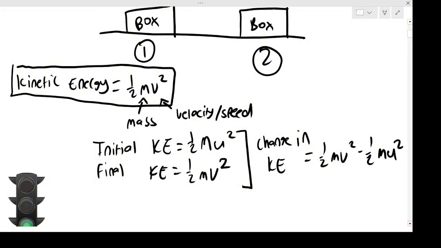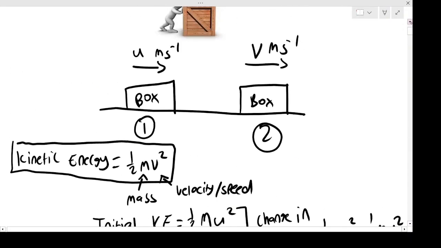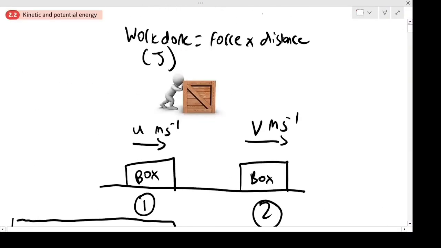Okay, so why do I bring this up? Well, this links to work. As I just briefly outlined, with the work done, the work that the person is doing to push the box forwards, the person is transferring their own energy, putting their energy onto the box to move it forward. So the box gains energy.